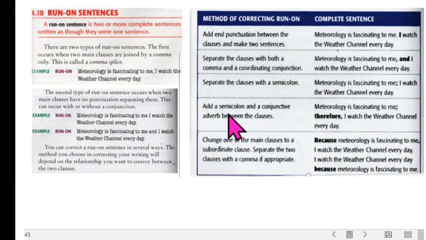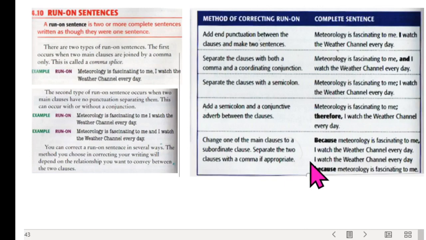Remember that if you're using a conjunctive adverb instead of a coordinating conjunction here, you should add a comma, a semicolon, and then a comma. Meteorology is fascinating to me; therefore, I watch the Weather Channel every day.